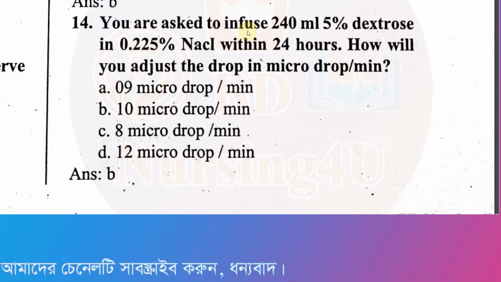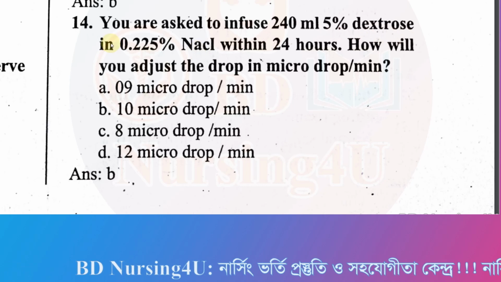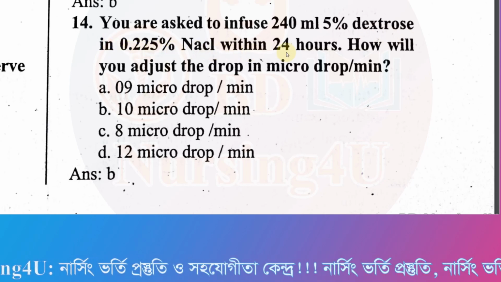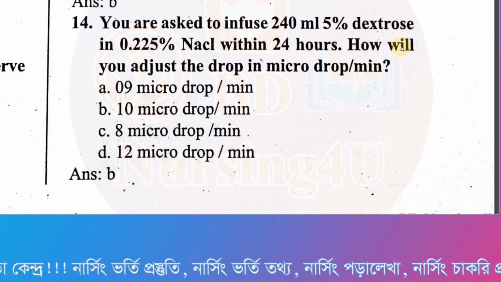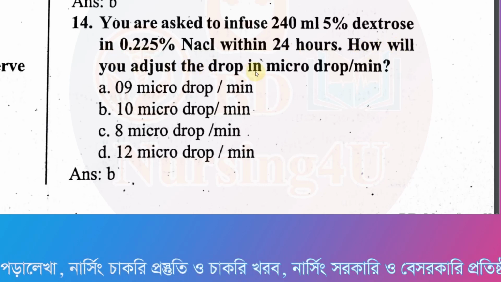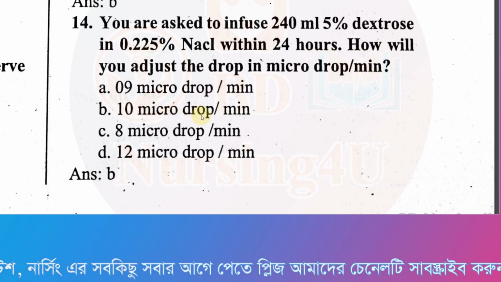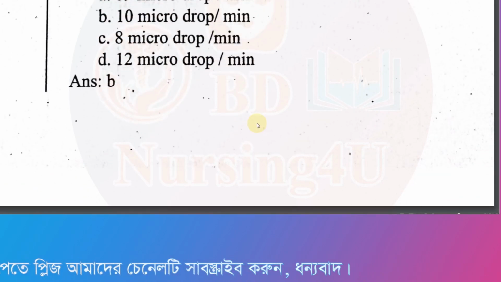You are asked to infuse 240 ml 5% dextrose in 0.225% sodium chloride within 24 hours. How will you adjust the drop in microdrop per minute? 10 microdrops per minute.